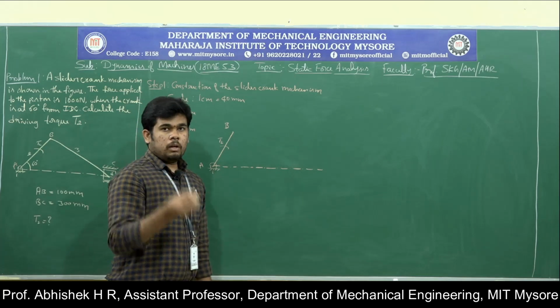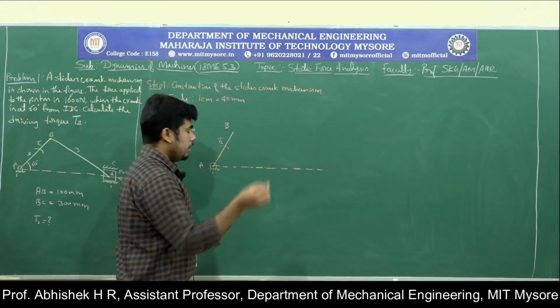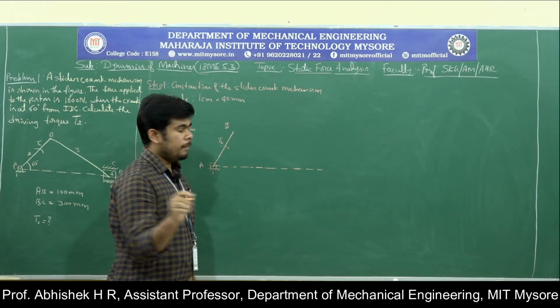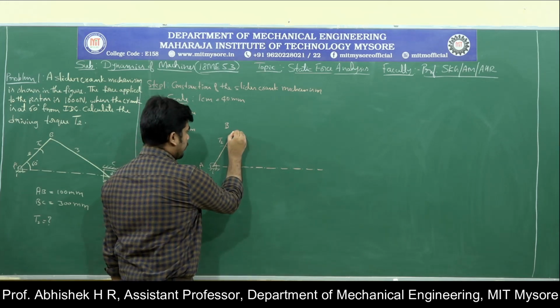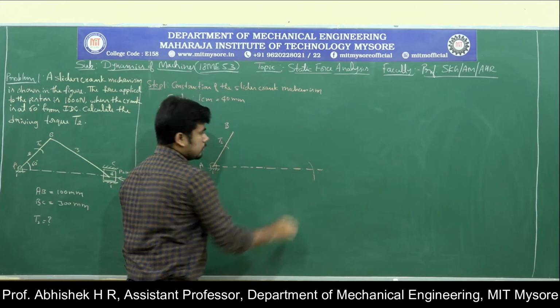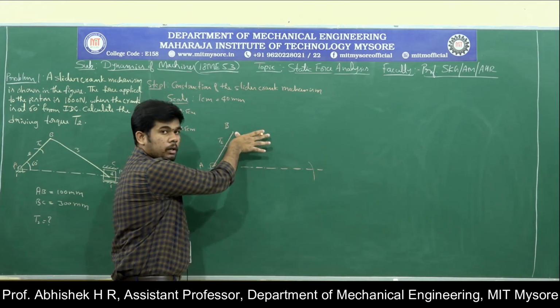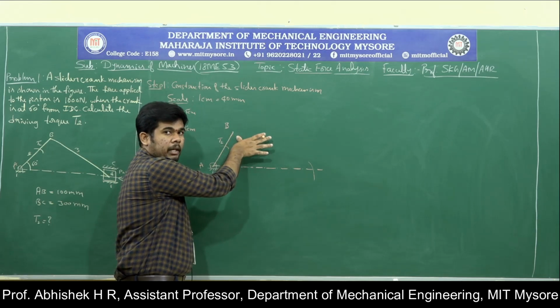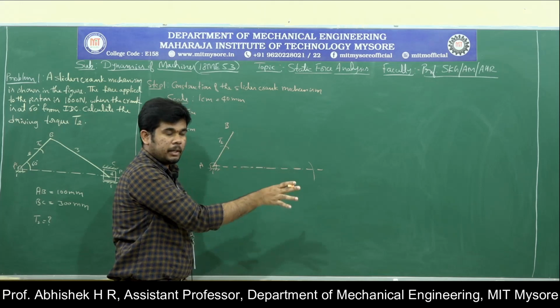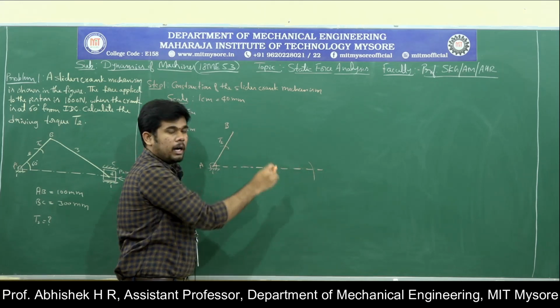Now use your compass, measure 7.5 centimeter on your scale, put your compass on point B and cut an arc.